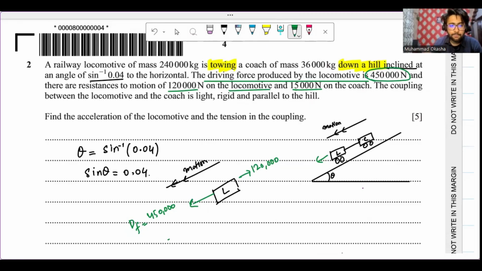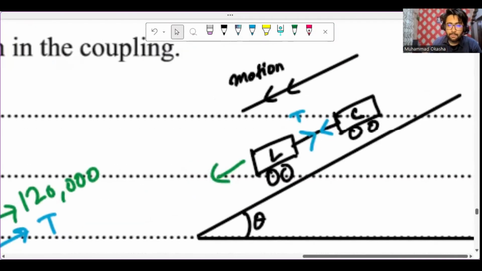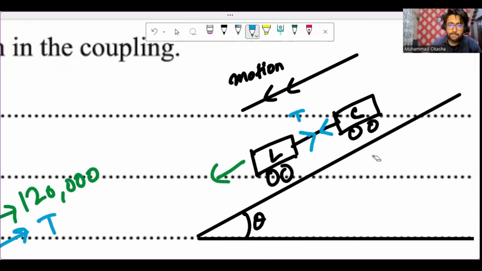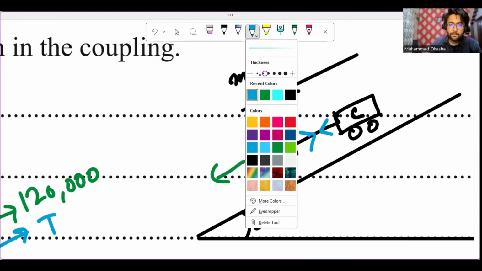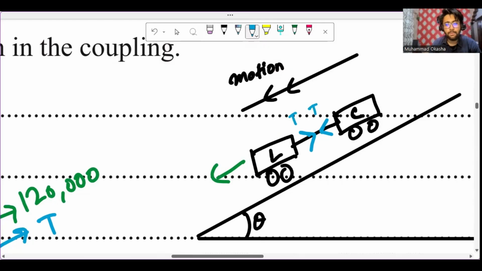This tension is the coupling between the locomotive and the string thing that's connecting the locomotive and the coach. If I'm talking about the locomotive, remember the direction of the force of tension is always away from the object. So in this case, this would be the direction of tension for the locomotive. And the direction of tension for the coach is going to be in the opposite direction.